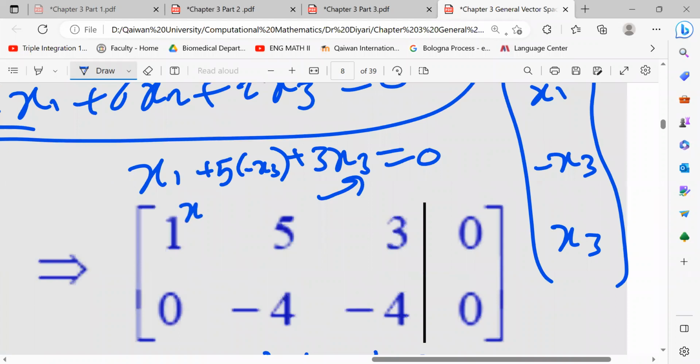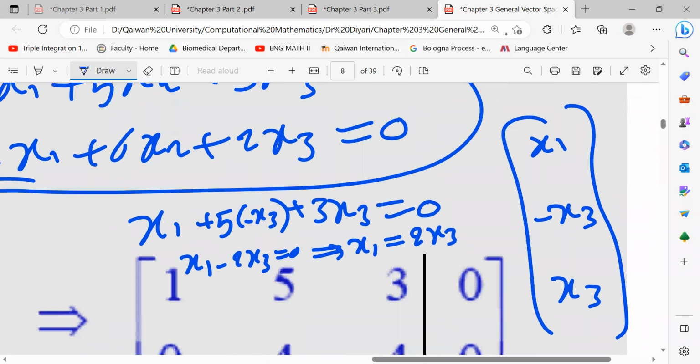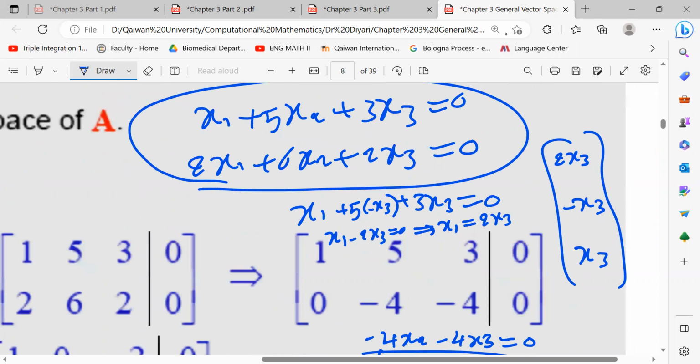Here we get x1, minus 5x3 plus 3x3 is minus 2x3, so x1 minus 2x3 equals 0. So what's x1? x1 is 2x3. Okay? This is the solution.